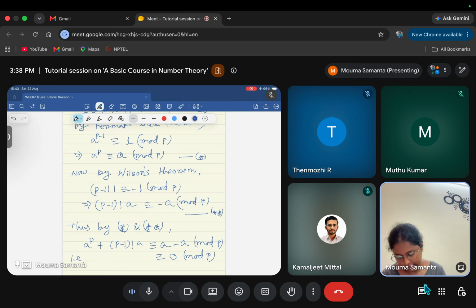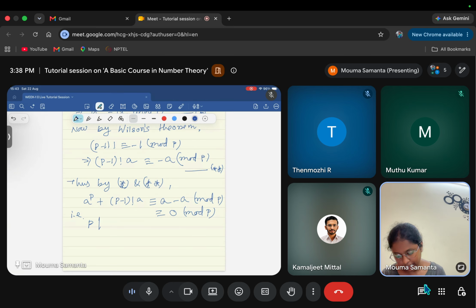So hence p divides a power p plus p minus 1 factorial times a.